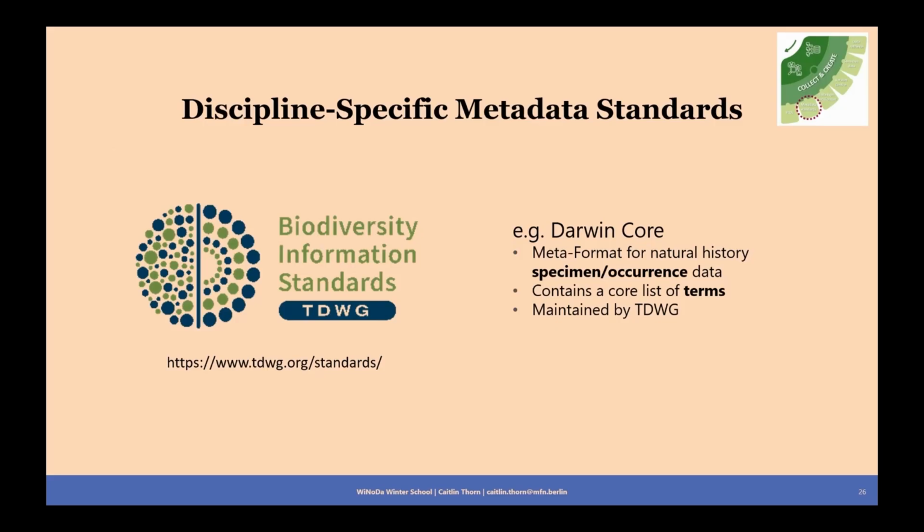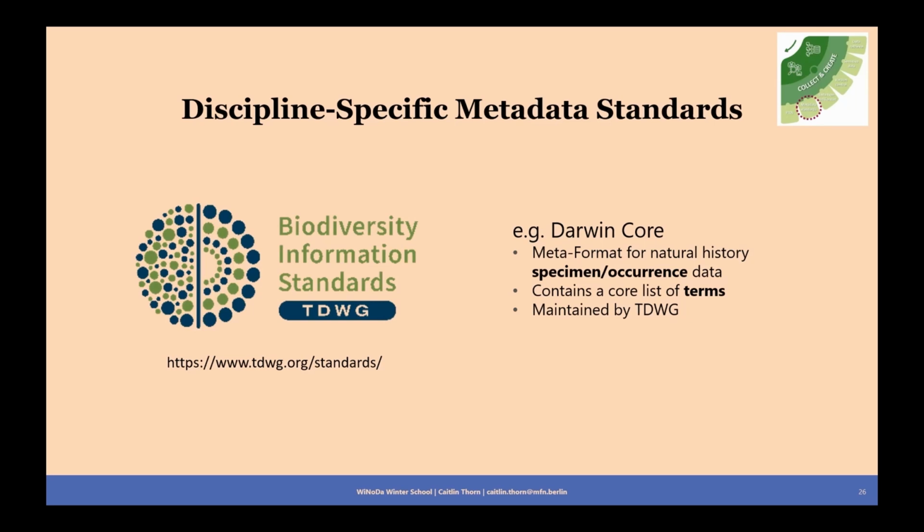It's a list of terms, and basically it's a way to display species data in a standardized format. I'd recommend having a look into TDWG and the different kinds of standards they offer for different things. For example, they also have an audiovisual data standard. They have lots of standards for our areas.